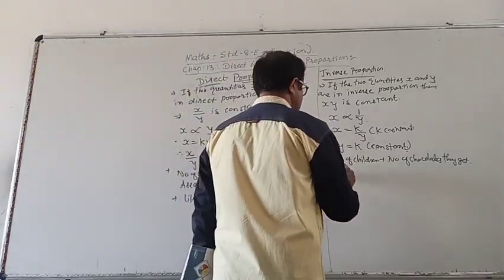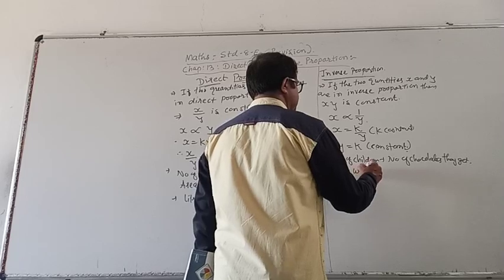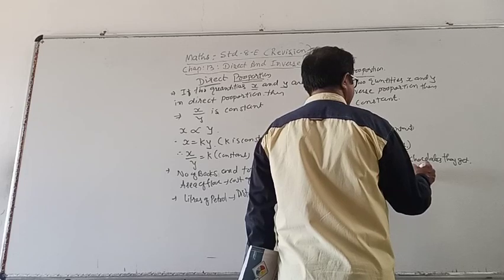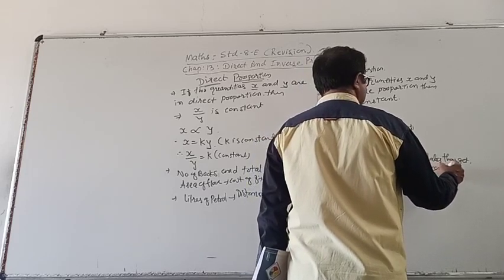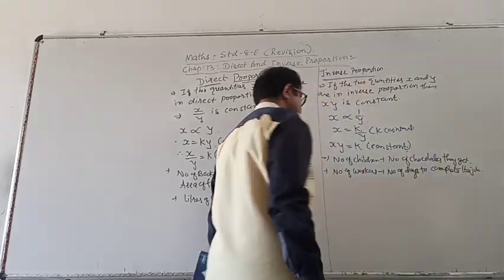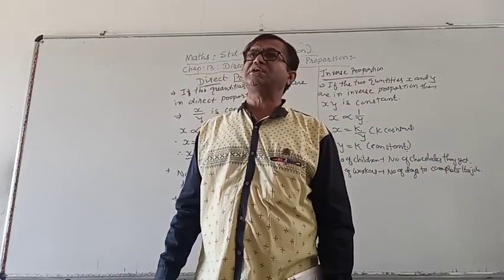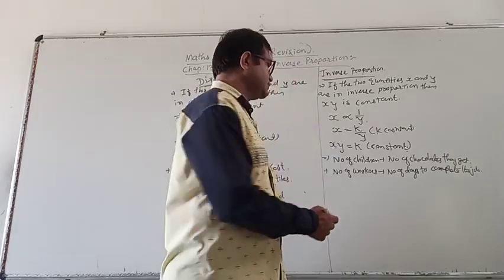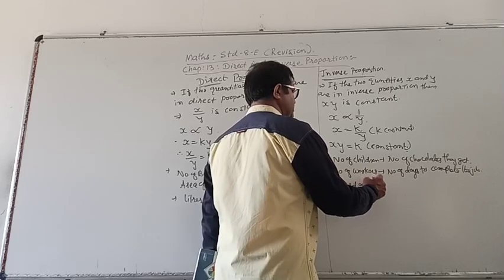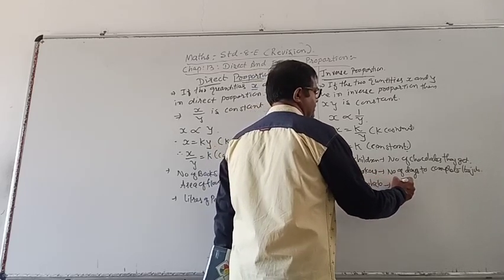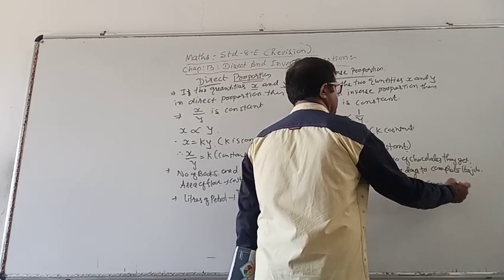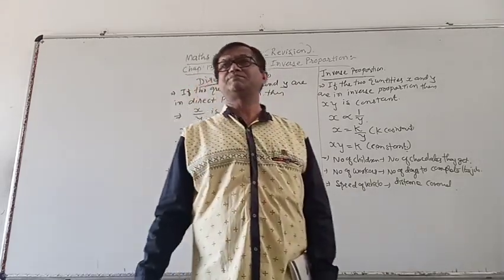So, number of workers and number of days to complete the job. In this situation you can see that similarly, speed of vehicle and distance covered in a specific time.